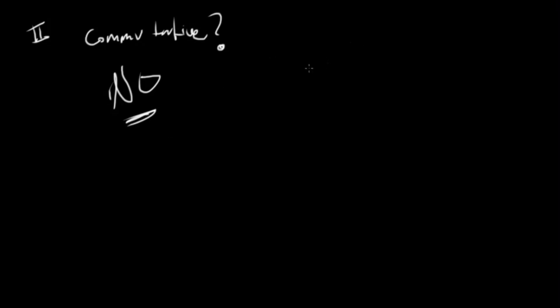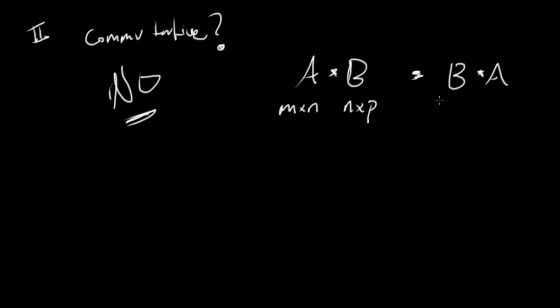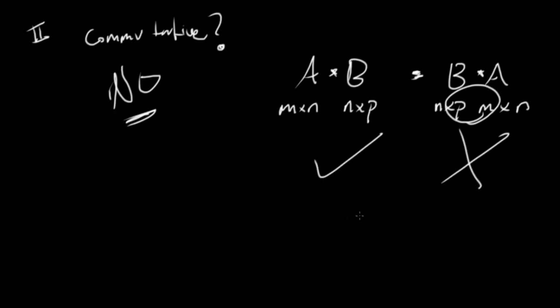One way is if you take a matrix A and a matrix B and you multiply them, and this one's M by N and this is N by P. B times A is going to be N by P and M by N, and these are not the same. This does not work where this does work, so that's one quick example to knowing why it's not commutative.